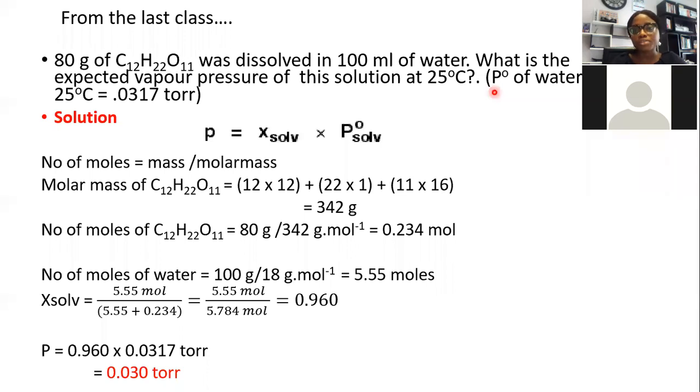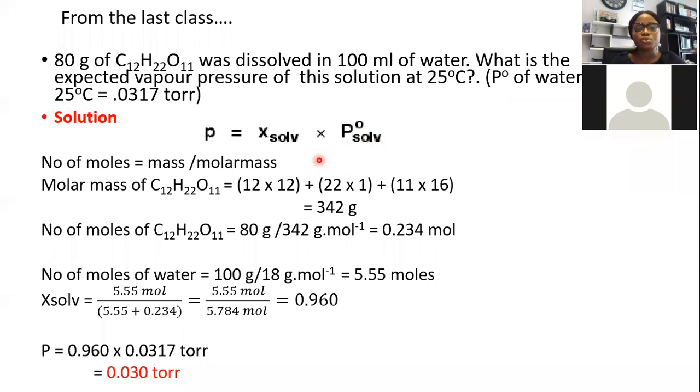Now, assuming that the vapor pressure of water at 25 degrees centigrade is 0.0317 torr. Because this is a non-volatile solute in solvent, we are going to use the second formula, which is P, the vapor pressure of the solution, is equal to the mole ratio of the solvent multiplied by the vapor pressure of the pure solvent.